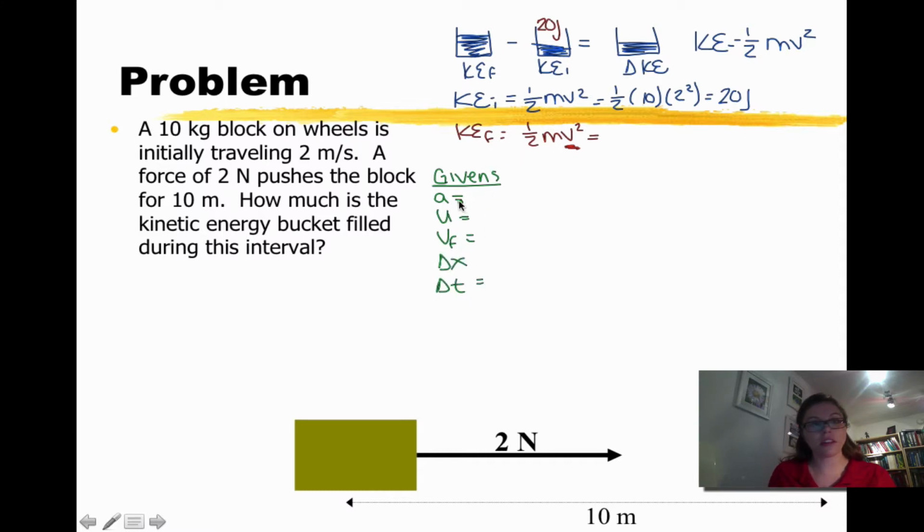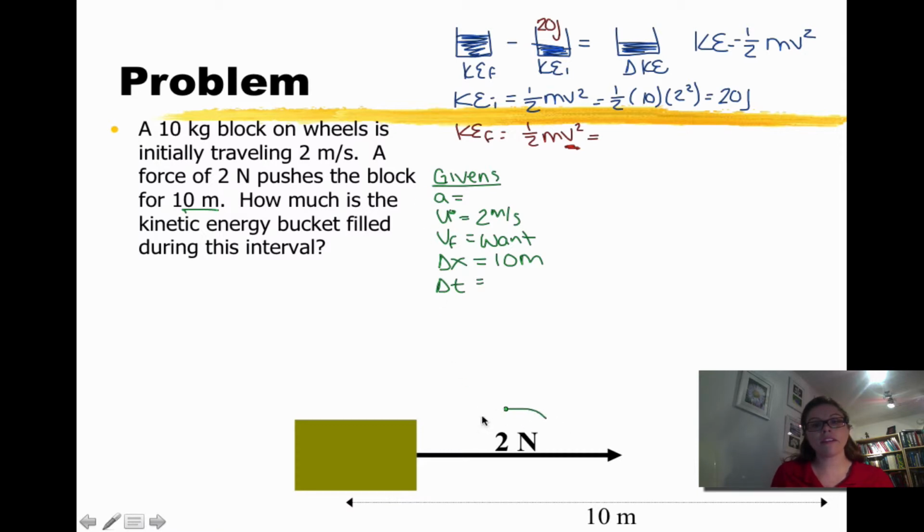We are not given a. Vi is 2 meters per second. Vf is what we want. Change in x, it goes for 10 meters.